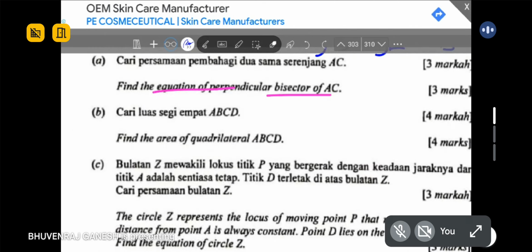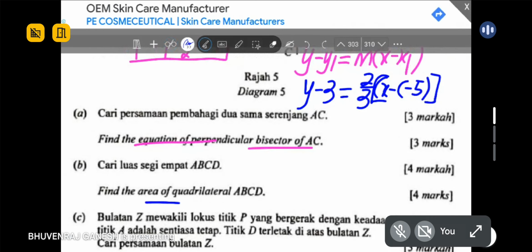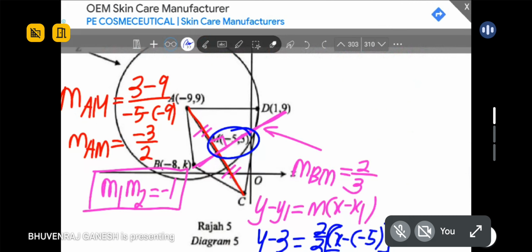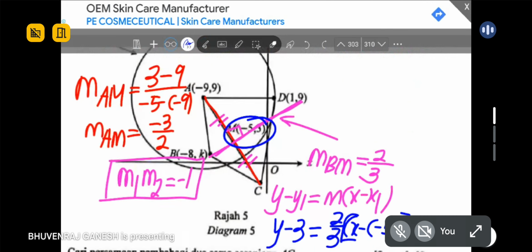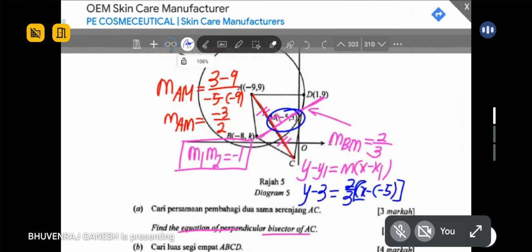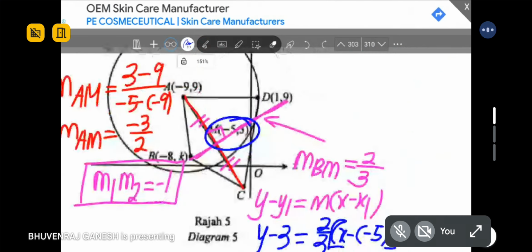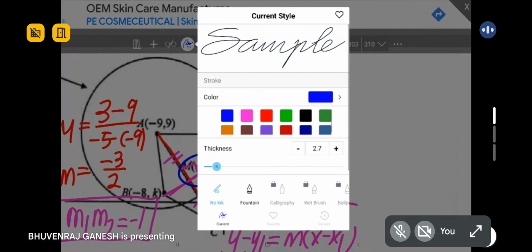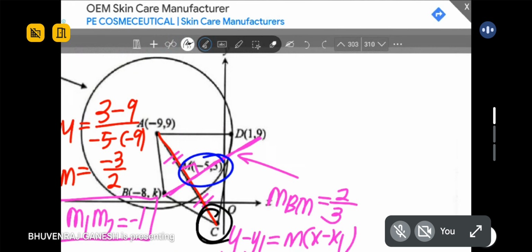Okay? All right. So next one, they ask you to find the area of quadrilateral. Okay, same concept like just now. A, B, C, D. Okay, so first step, you must find the coordinate of C. How to find coordinate of C, guys? Macam mana tahu coordinate yang ni? Come on. They tell you M is the midpoint. M tu titik tengah.